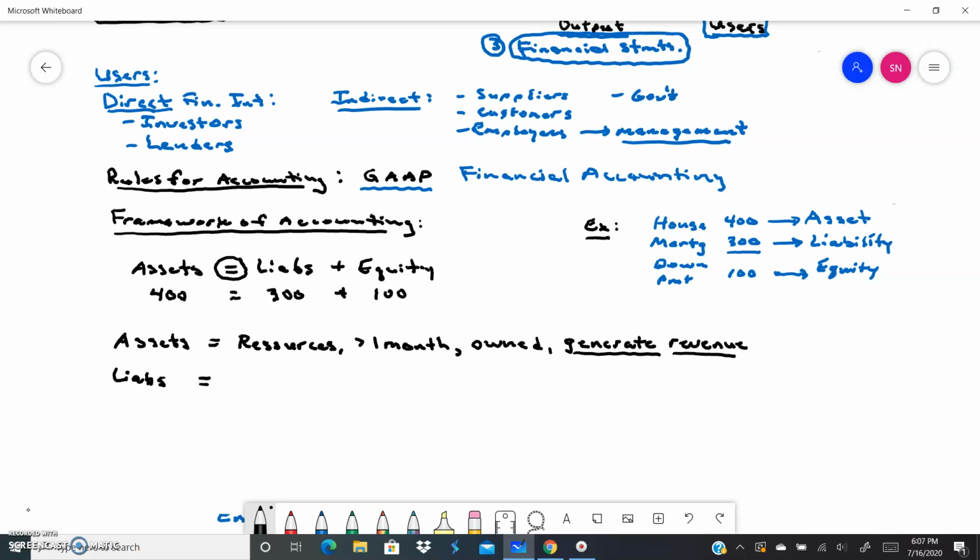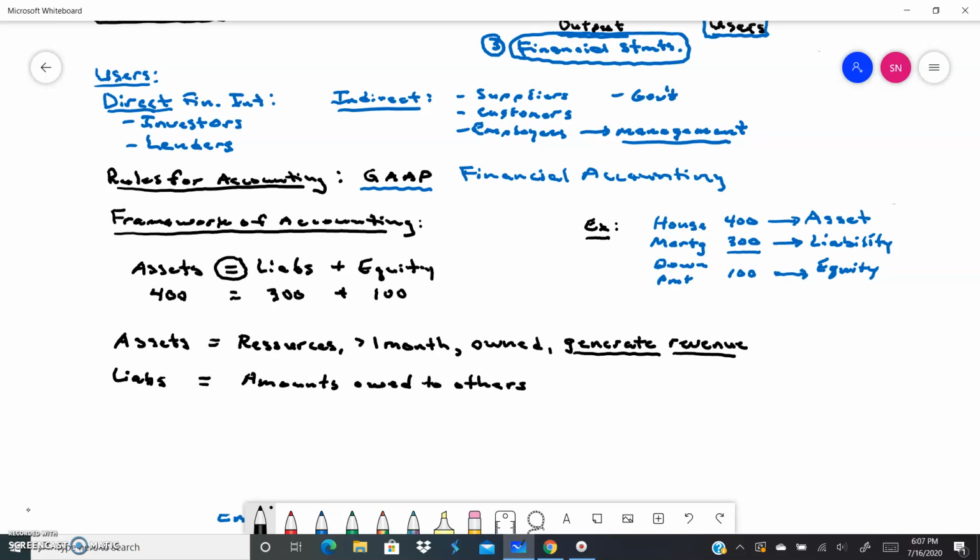again, I'm just abbreviating. Liabilities are amounts that are owed to others. And by others, I mean amounts owed to people other than the owner.